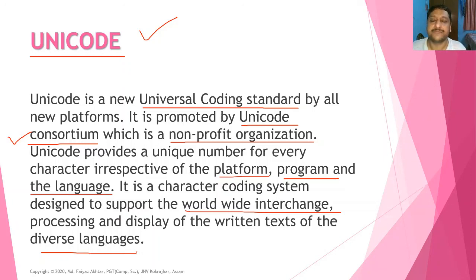Platform means if they are using Apple computers, they can use Unicode. If they are using Android, if they are using Windows, there is no barrier. So anyone can send their messages and they can be understood by different platforms, programs, and software.